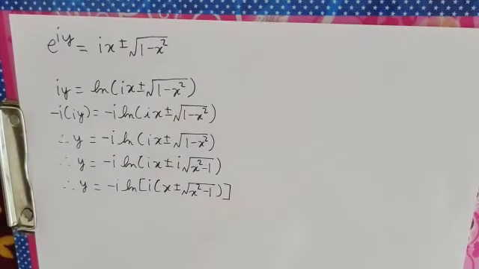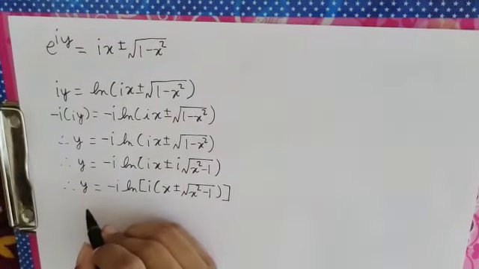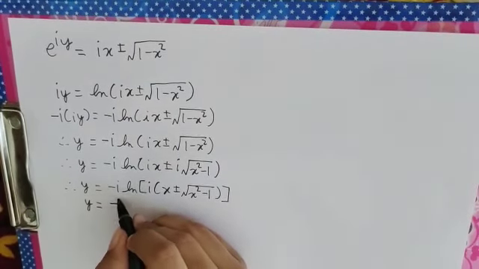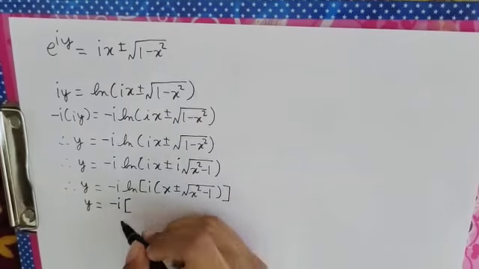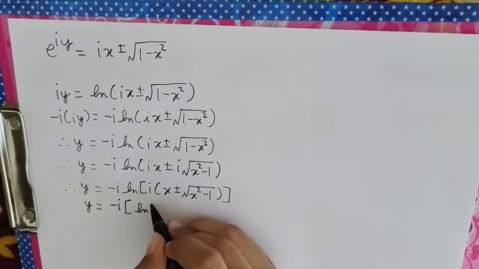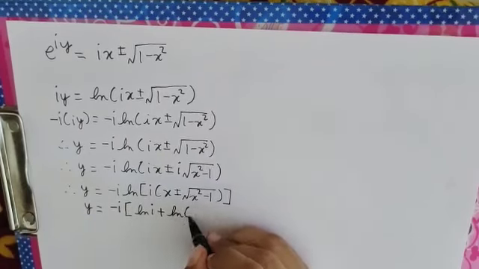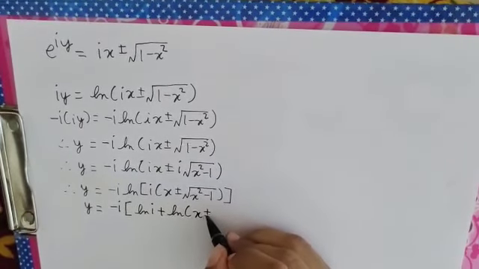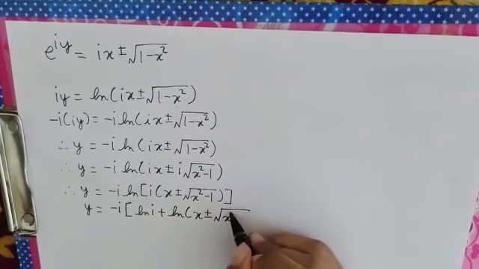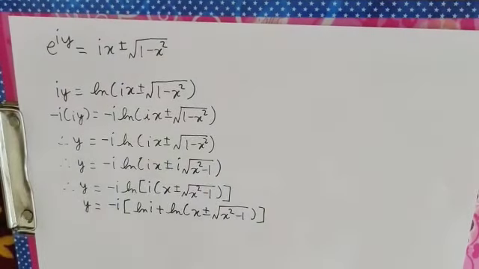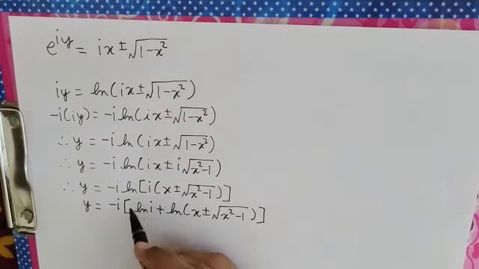By using properties of logarithms, we get y equal to minus i times (ln i plus ln of (x plus minus root of (x^2 minus 1))). Now we will find the value of ln i.